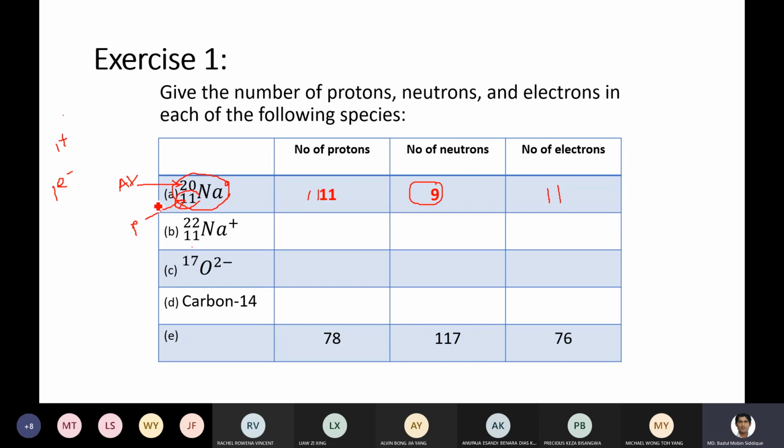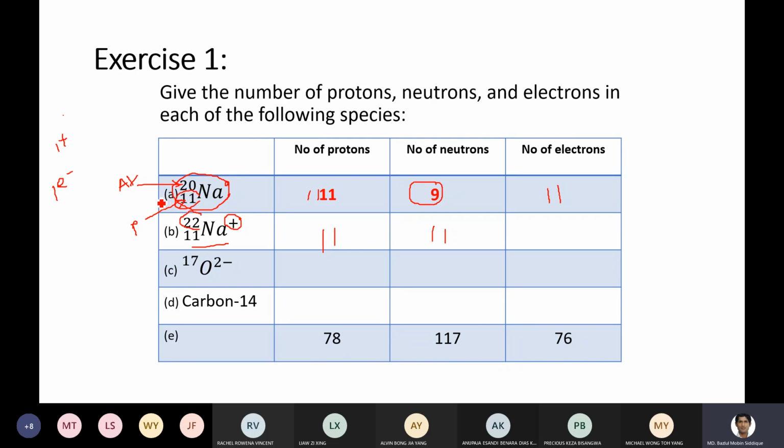For this case, of course, it should be 11 protons. If not 11, then it is not sodium anymore, right? So there will be 11 protons here, but how many neutrons will there be? It is not 9 anymore. It is 11 again, because 11 plus 11 is 22, isn't it? And in this case, this element is carrying a positive charge.